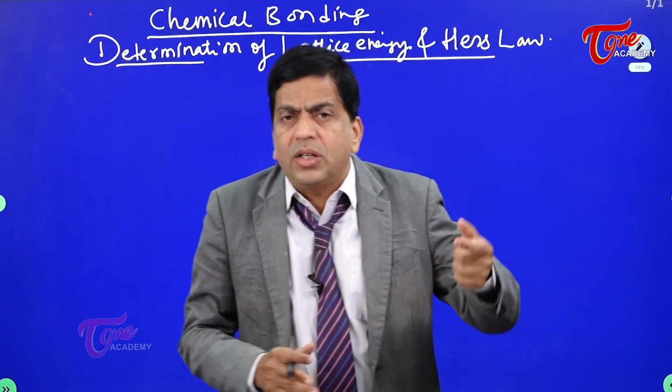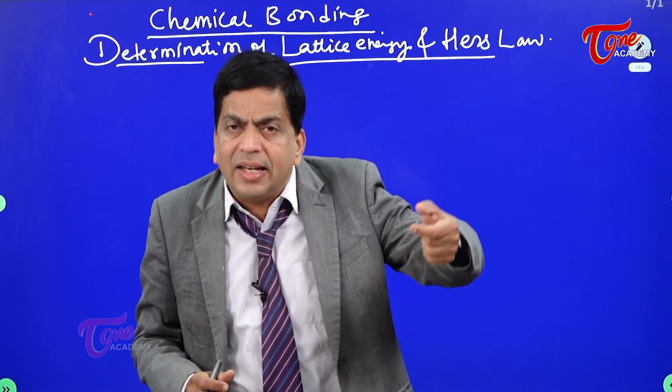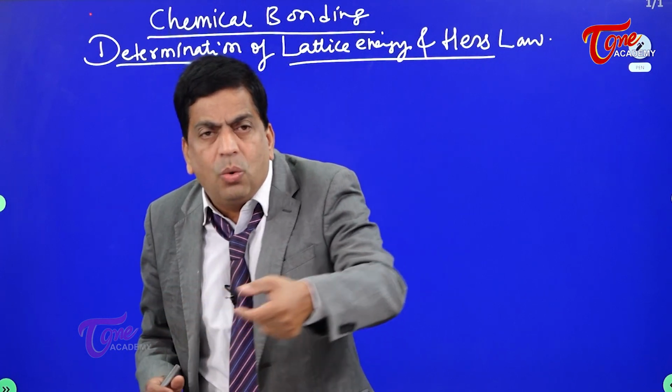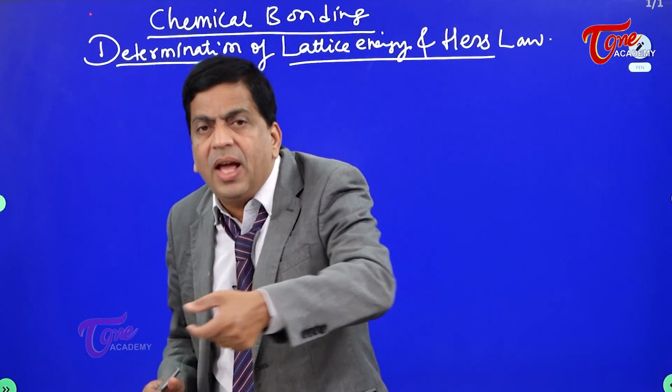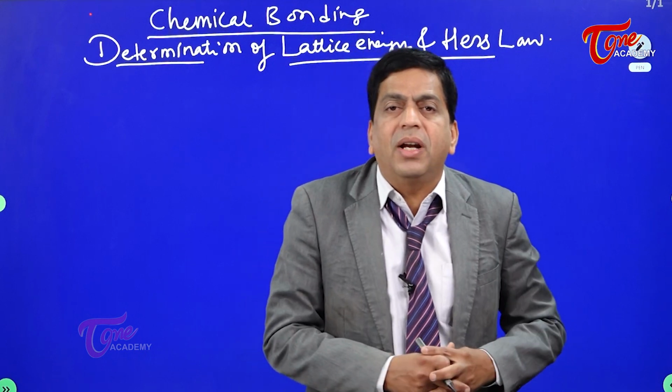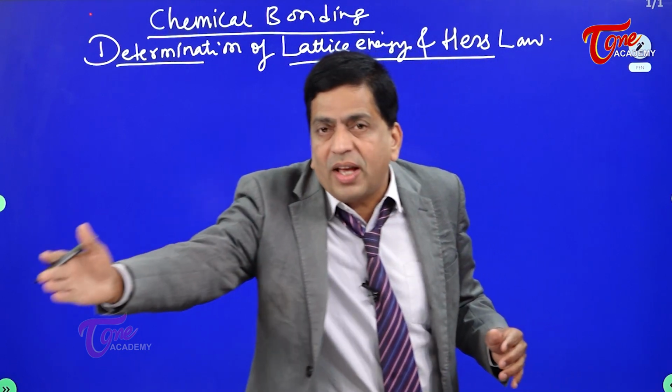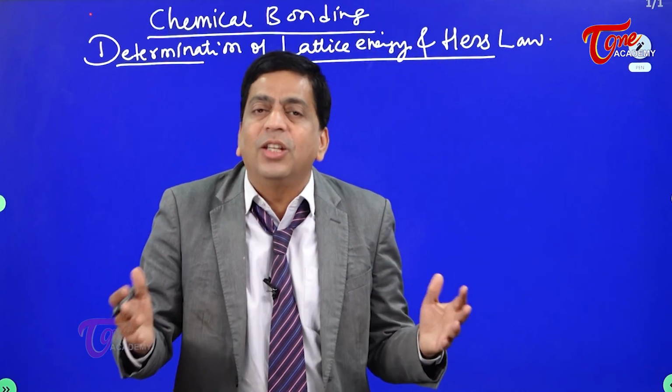So if you are crystallizing an ionic substance, say X, it has a different shape. Y has a different shape, and these shapes are not prepared by us. The moment they are crystallized in the laboratory, they take those shapes.